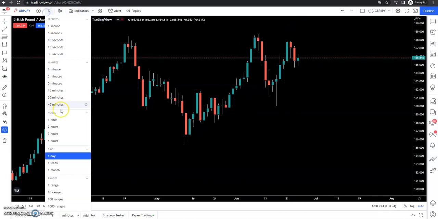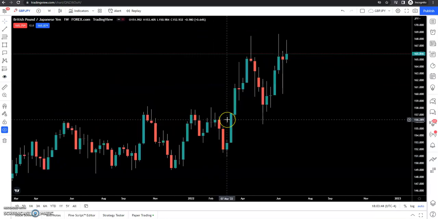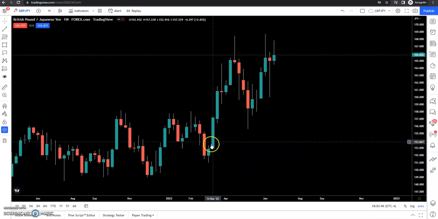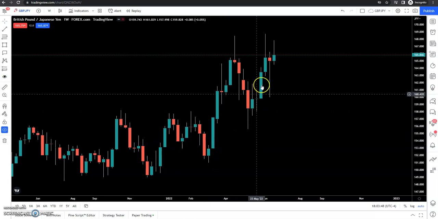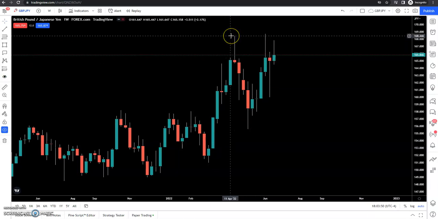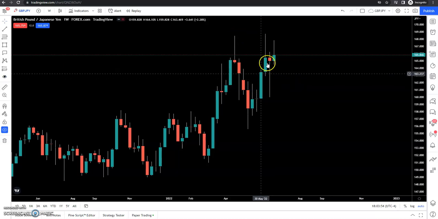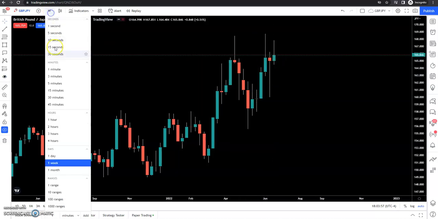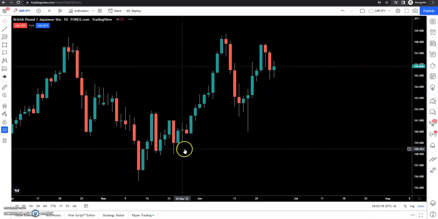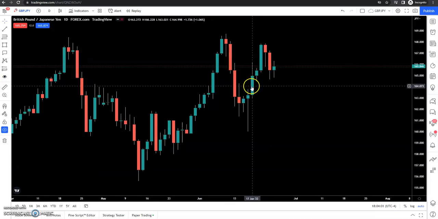Because like I mentioned on the weekly, we've done this fair value gap, pushed up, broke this high ever so slightly, came down, filled this fair value gap. So I think on the daily they might just do something on the Monday to possibly fill this in and then possibly push up.